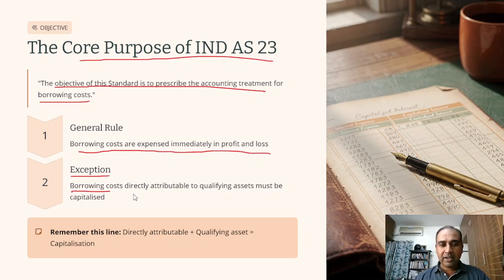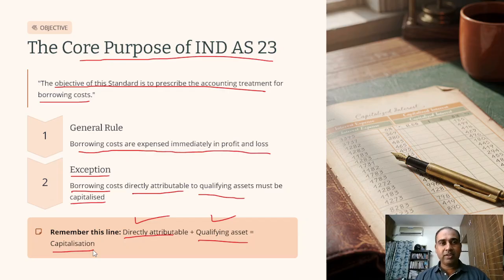Borrowing cost directly attributable to qualifying assets must be capitalized. Every word has a meaning, guys. So they have mentioned directly attributable plus qualifying asset. So if the borrowing cost is directly attributable to a qualifying asset, it will be capitalized.